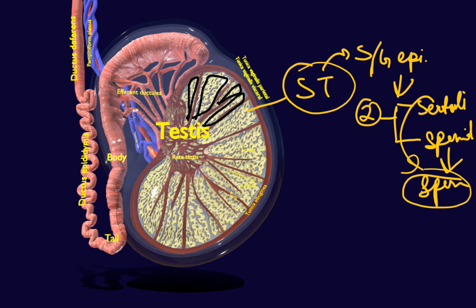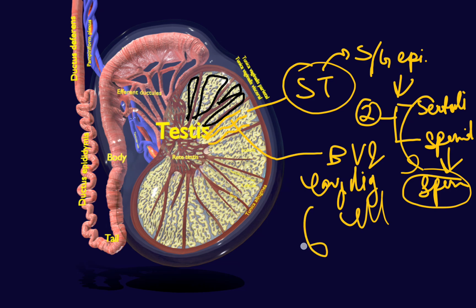Okay. Now, the space between the seminiferous tubules is covered by connective tissue, and that space is also known as interstitial cell, in which blood vessels and Leydig cells are present. Okay.